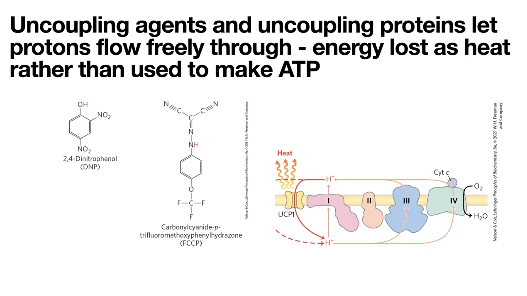So good in some circumstances, but you can imagine that it would be bad if it was out of control, because you wouldn't be using the energy to make ATP. You wouldn't be able to make ATP. Instead, you'd just be making heat. This is what happens with uncoupling agents, things like 2,4-dinitrophenol, DNP, or FCCP.